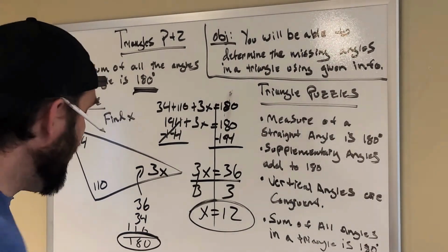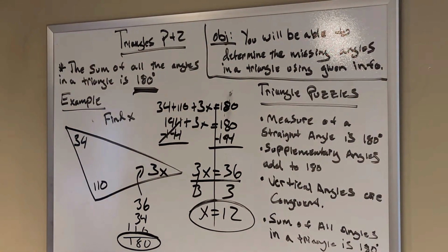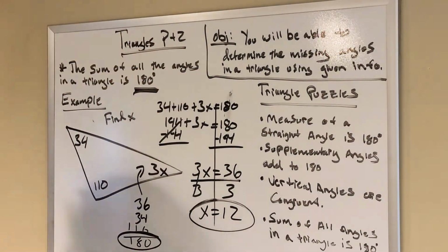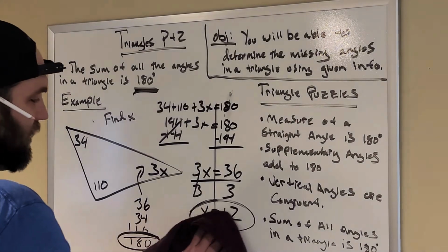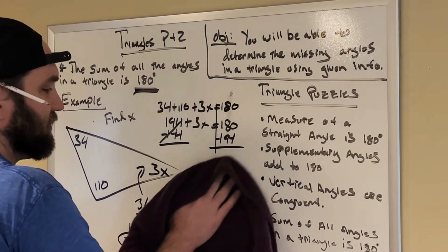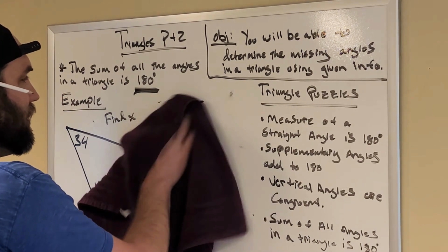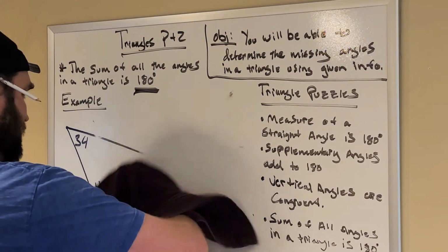Okay, now what we're going to do is look at something that's kind of fun. It can be seen as kind of challenging, but at the same time fun to do because it's like having little puzzles that you're solving. So these are called triangle puzzles, and you can see over on the side I have put up some of the basics of a triangle puzzle.